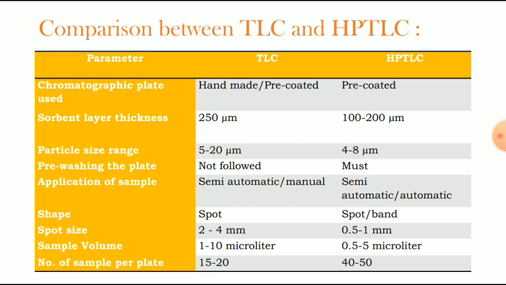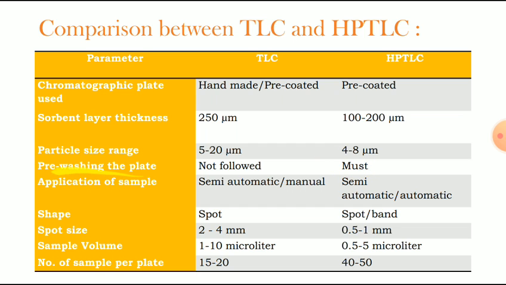Now third parameter, particle size range of the stationary phase of the plate, that is 5 to 20 micrometer in TLC and 4 to 8 micrometer in HPTLC. Fourth parameter is pre-washing the plate. Pre-washing is not followed in TLC, but in HPTLC it must be followed.